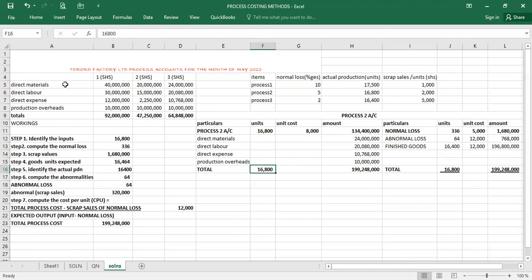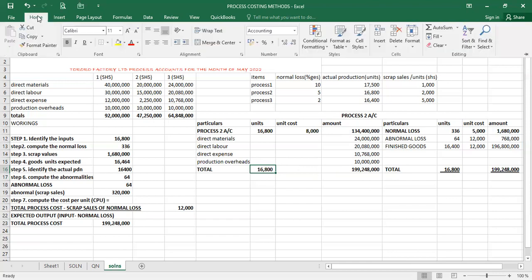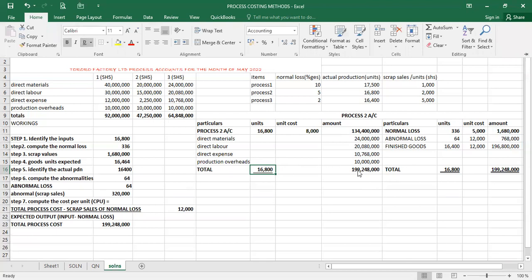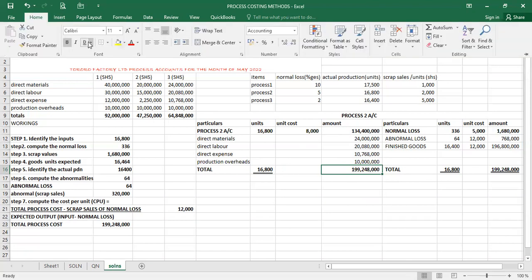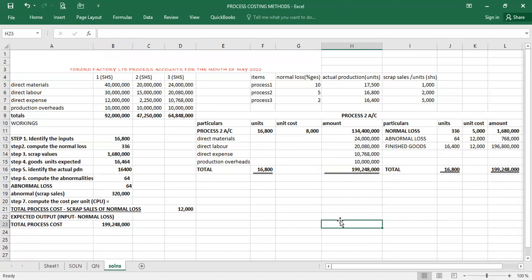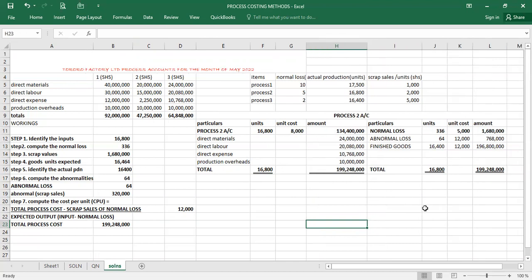and it is giving us what we wanted. So we can double underline this one so that we are closing the accounts. And when we get that, then we just know that we have done what we are supposed to do.